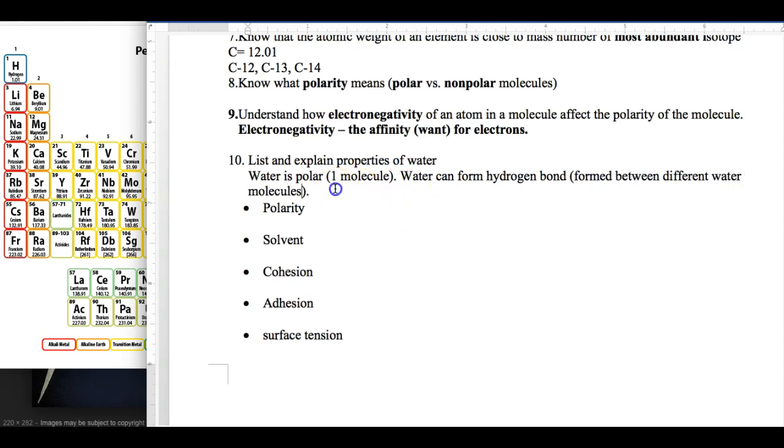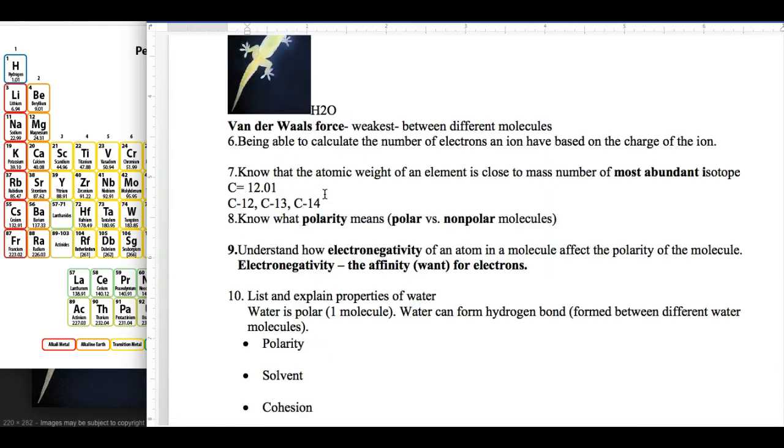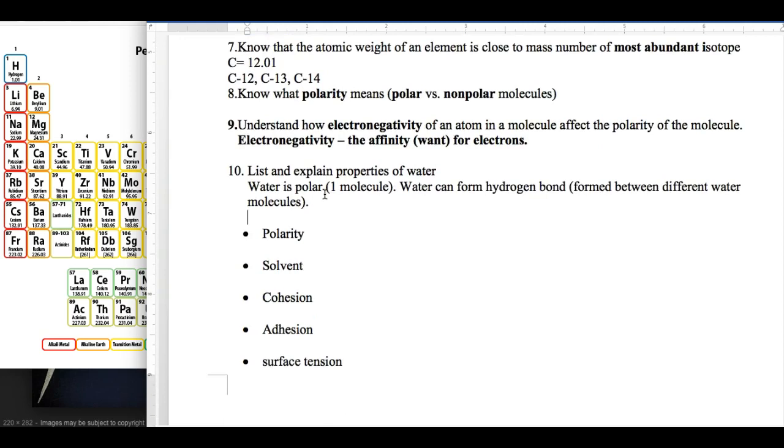This is why it's so important to talk about what it means to have one molecule, right? Oh, good point. As we're talking about molecule, there's a difference between a molecule versus a compound.